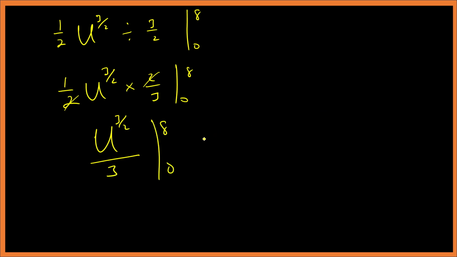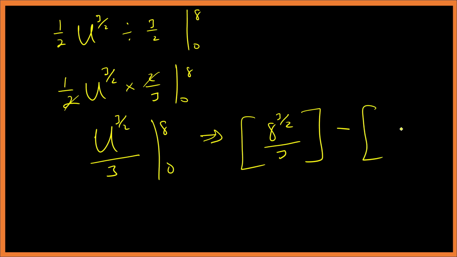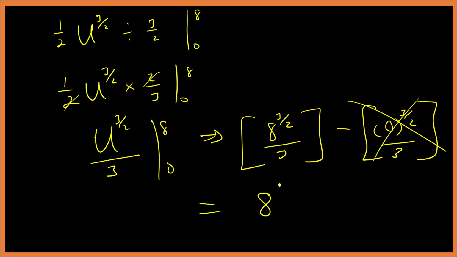So we can now plug in our limits. From 8, we have 8 raised to 3 on 2 on 3, minus, so I'll plug in 0 raised to 3 on 2. This side will go to 0, so I will leave it as 8 raised to 3 on 2 on 3.